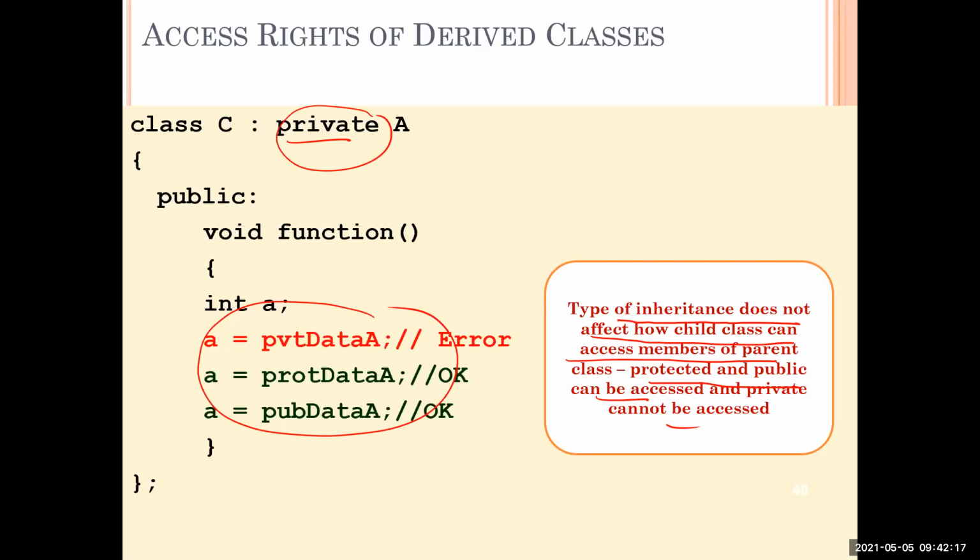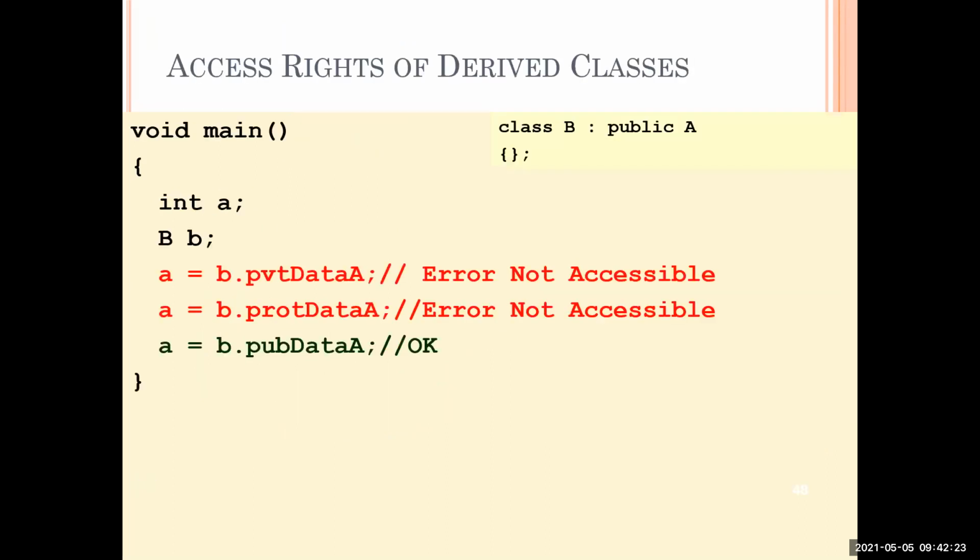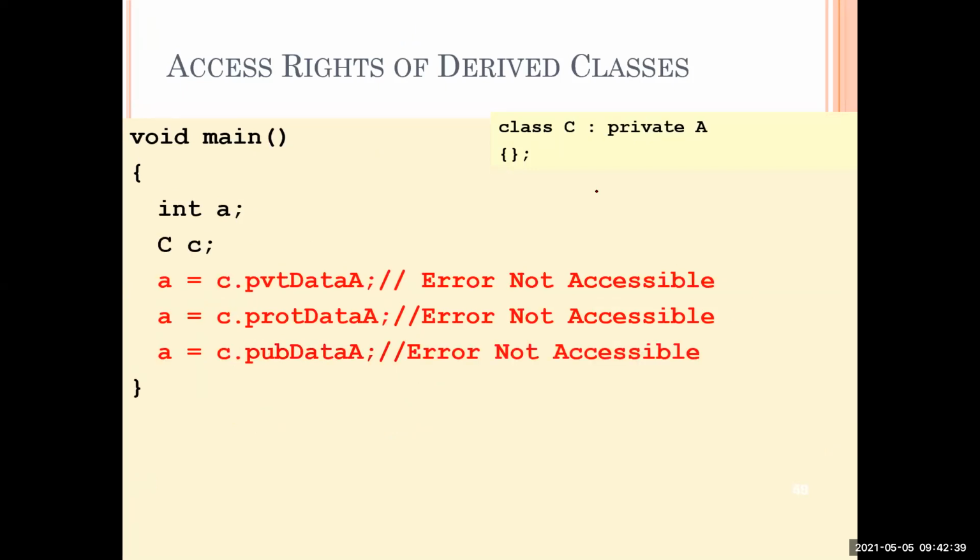It will change things when you are making objects of classes in the main. Now you see, this is the example we did: when we were using public inheritance, if you remember, you said the private and protected data are not accessible, but the public one was accessible because it was public. But when we changed the inheritance to private, you said nothing can be accessed.